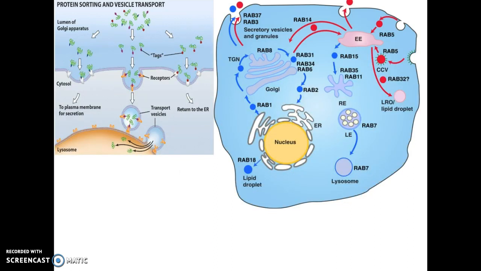And all of these processes, whether it is budding off of the ER, budding off of the Golgi, movement from the ER to Golgi, through the Golgi, endocytosed vesicles, receptor-mediated endocytosed vesicles, phagocytized vesicles, all of these things are going to depend on these tags.